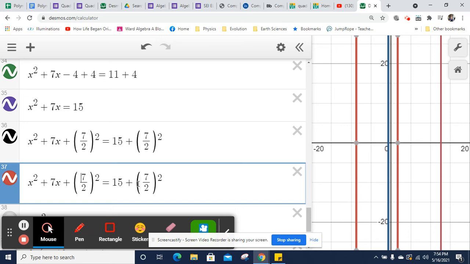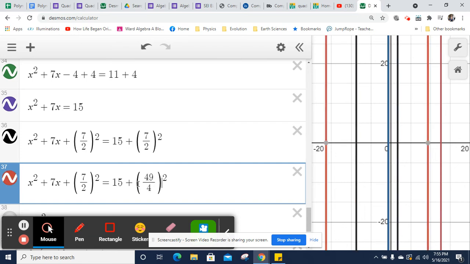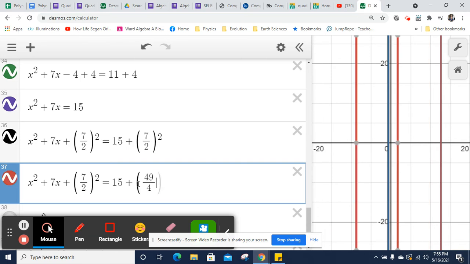Now on the left side, 7 over 2, I could call that 3.5, or I could just leave it as 7 over 2. I'm going to just leave it as 7 over 2. Over here, 7 over 2 squared is going to be 49 over 4. And this is one of those times I'm going to counsel that fractions will be your friend.